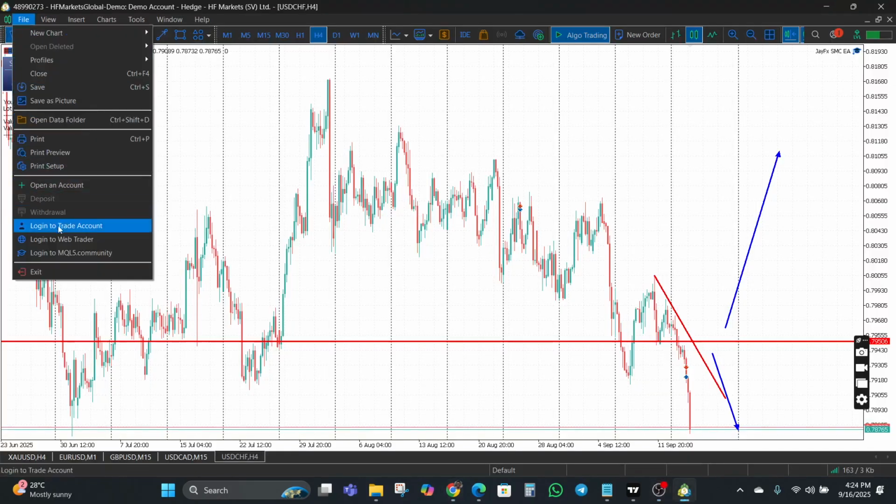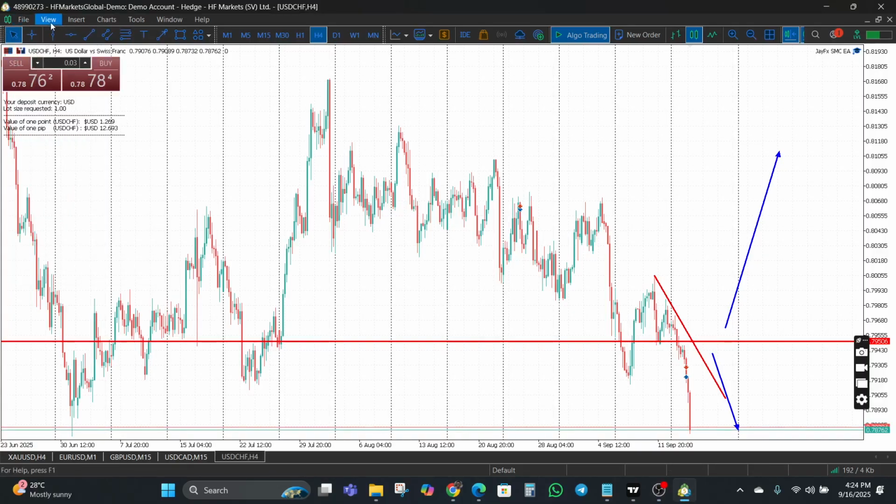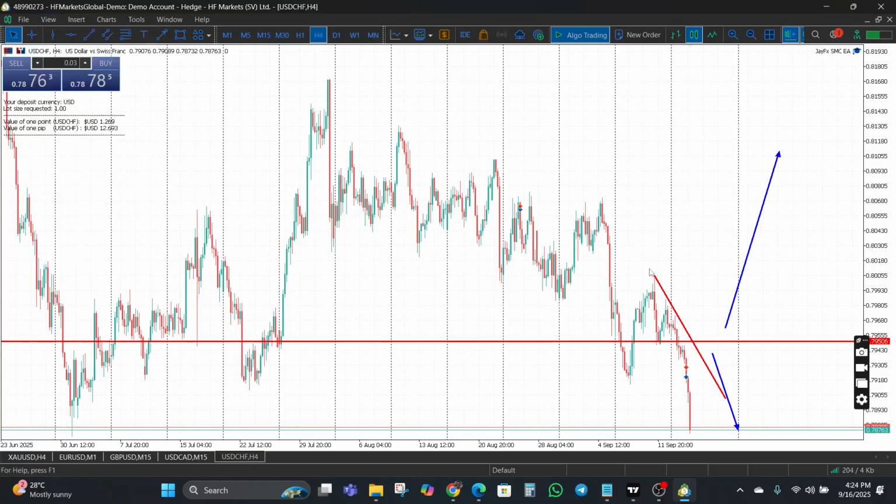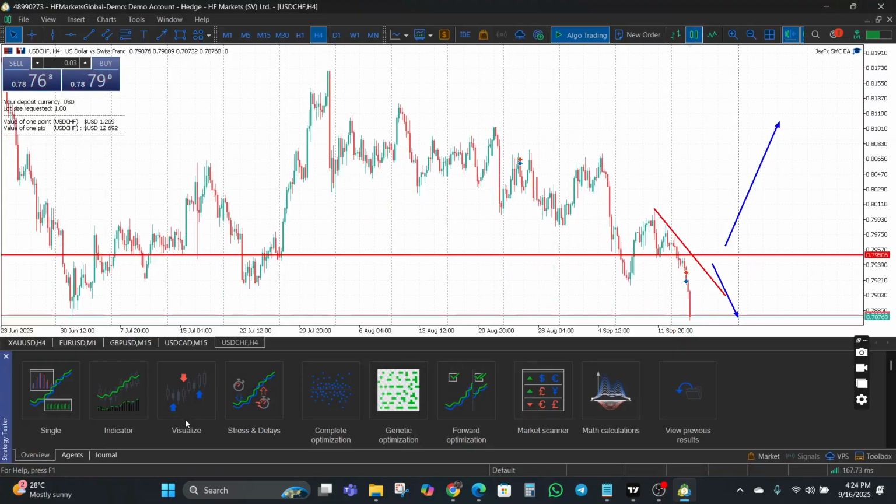Okay, for example, here we have the strategy tester on MetaTrader 5, right? So this strategy tester can be used to test your automated system, all right?